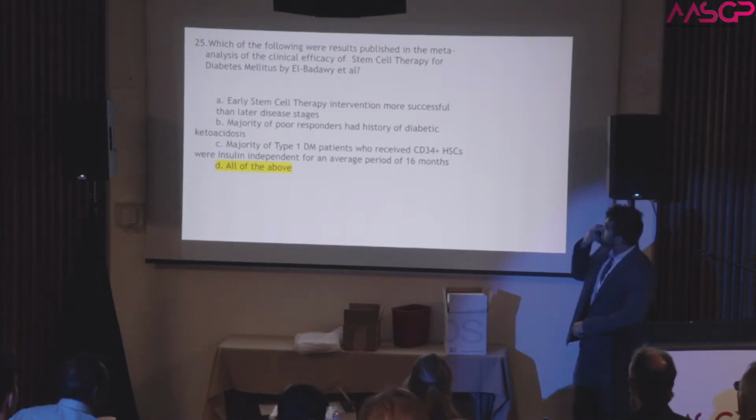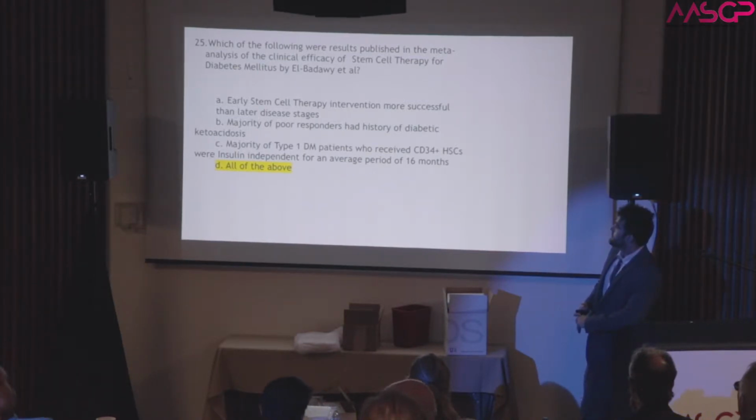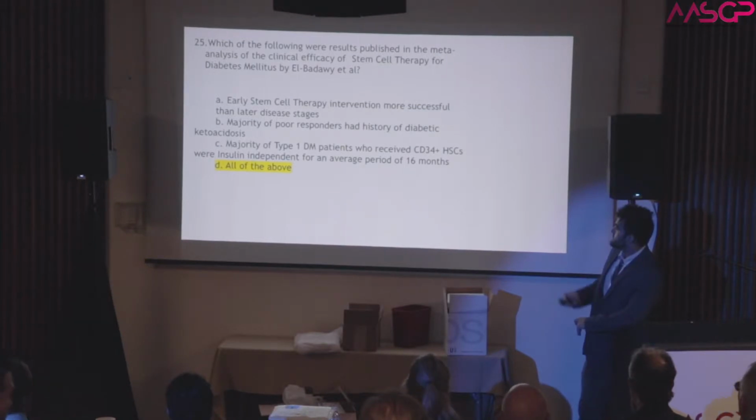Okay, so which of the following results in the meta-analysis of stem cell therapy on DM? There's a study on treatment of diabetes mellitus. These are all true. I have the citations in if you want to read about it.